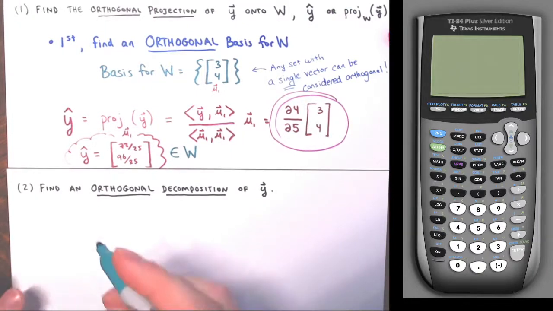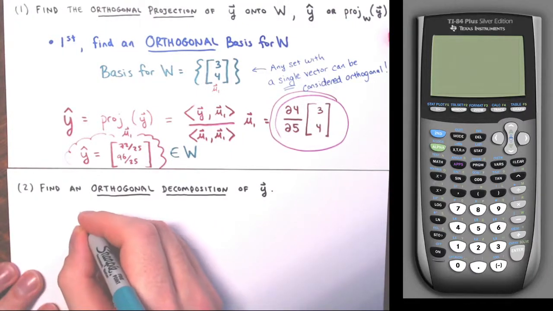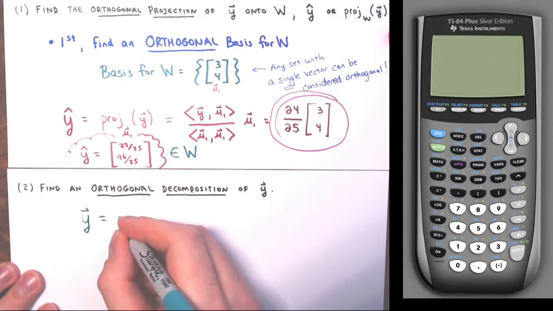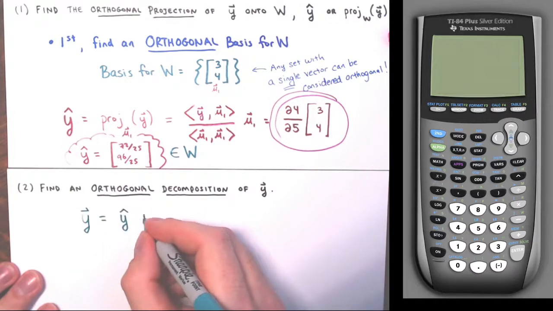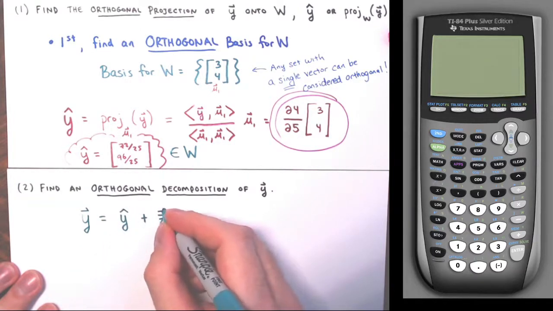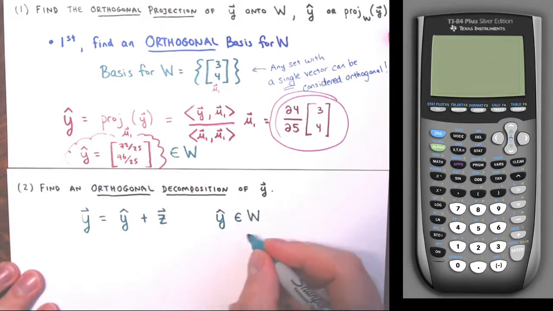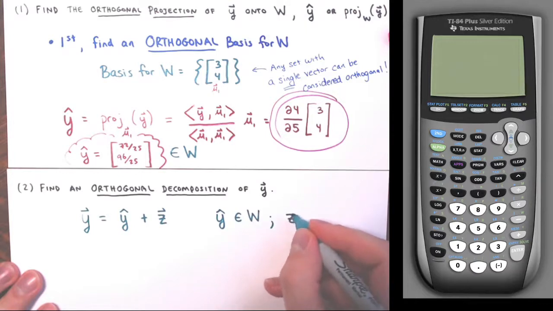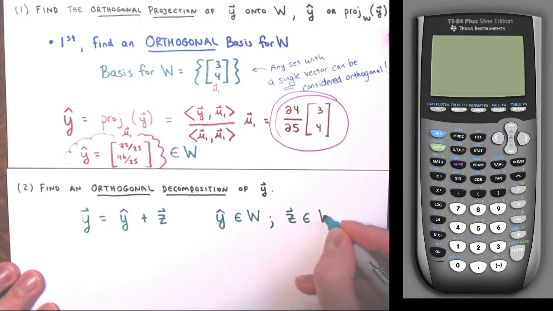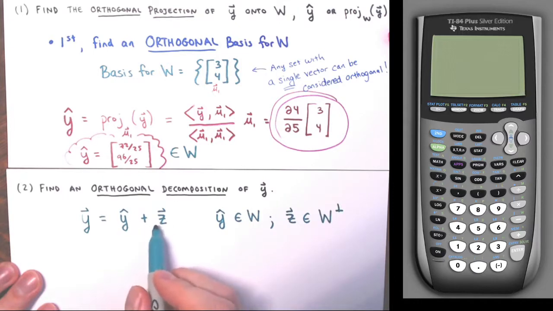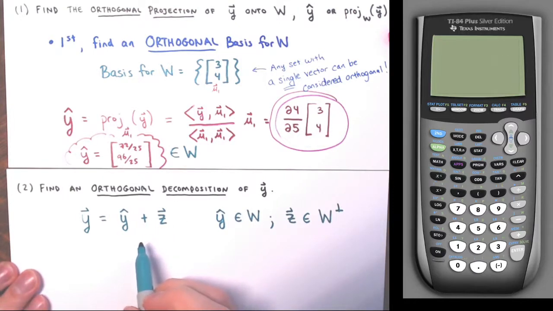That means we want to express y as y hat plus z, where y hat belongs to W and z belongs to the orthogonal complement of W. So z and y hat should be orthogonal. Their inner product should be 0.